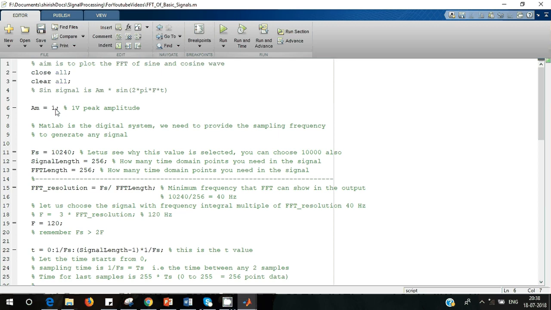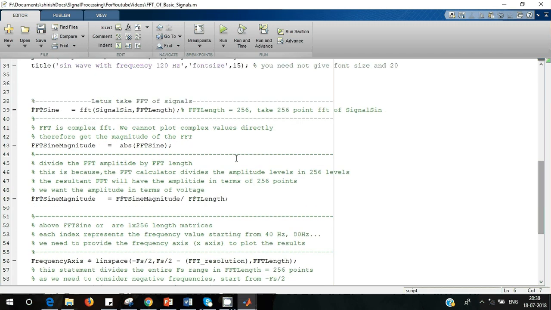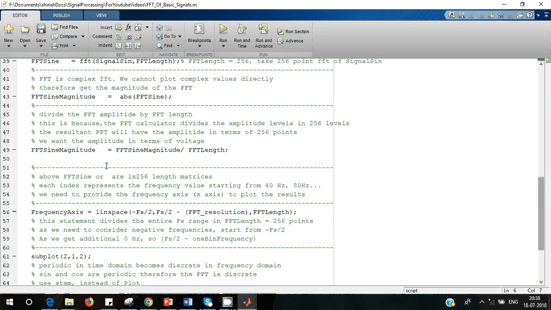So the total amplitude becomes 1. That is the law of conservation of energy, simply. But here, when you take the FFT, you will get a peak amplitude of 128. That is not desired. So we divide the FFT magnitude by the total FFT length. So 128 divided by 256 gives 0.5, just to satisfy the law of conservation of energy, or Parseval's theorem.